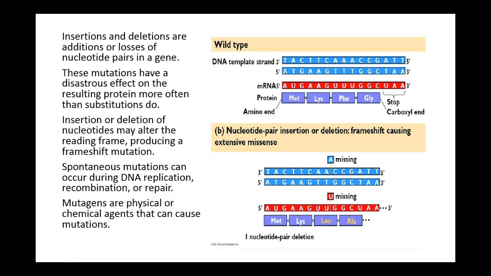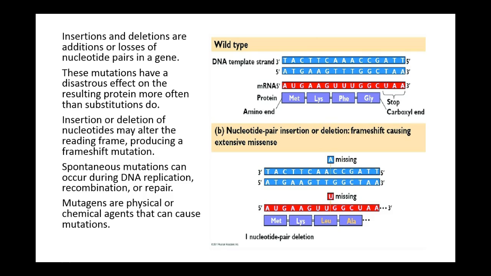And then you have these mutations where you have insertion or deletion, and we call these frameshift mutations, causing extensive problems. Insertions and deletions are additions or losses of nucleotide pairs in a gene, and these tend to be very disastrous because they don't result in a protein that is useful, or maybe no protein at all.